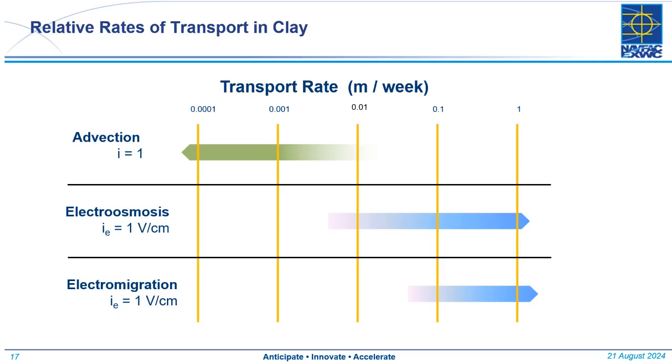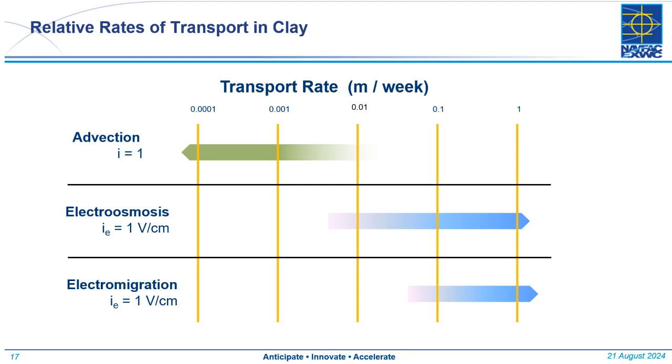This graphic sort of summarizes in a simple way the relative transport rates for different mechanisms. So starting at the top for advection, we're not really going to be able to move water or particles via advection in clay very quickly at all if advection alone is all we're doing.